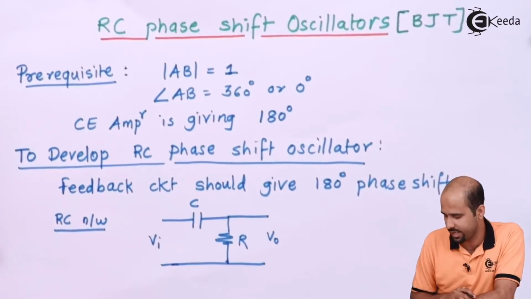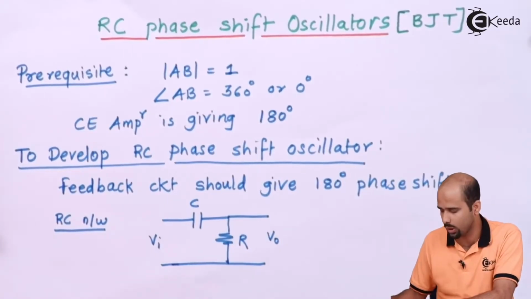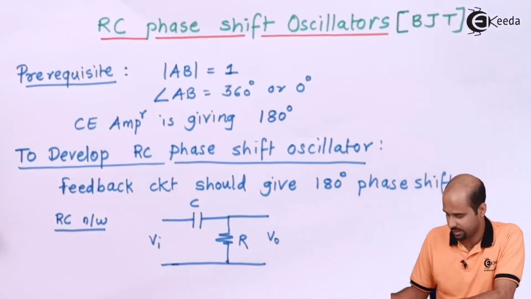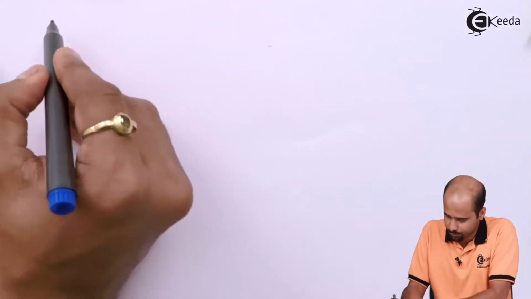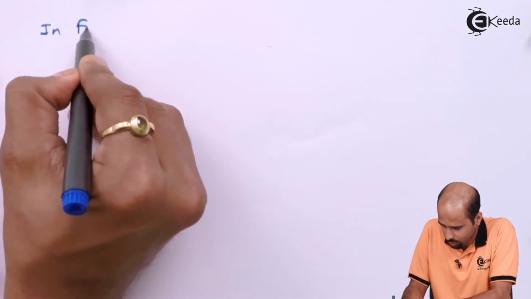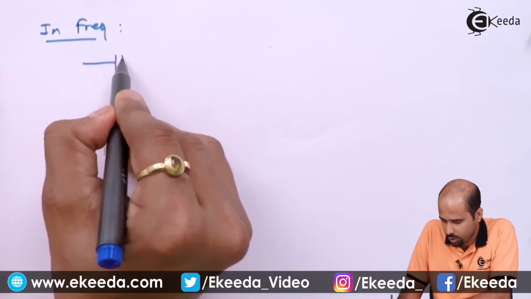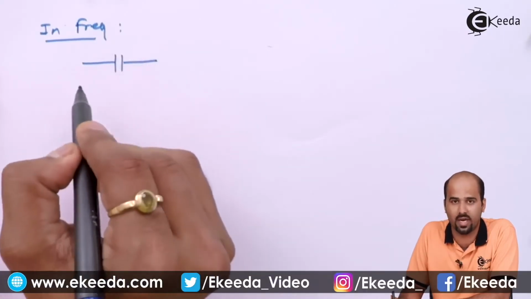So if I am considering one RC network, what will be the output with respect to input in the frequency domain? Let's calculate. In the frequency domain, I will first decide the value of the capacitive reactance.